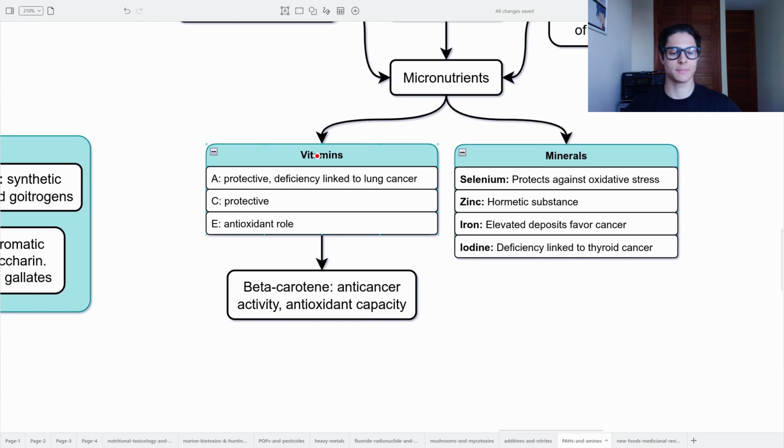Micronutrients, we have vitamins. Vitamin A is protective against cancer, and the deficiency is linked to lung cancer. Vitamin C is protective, and vitamin E has an antioxidant role, so again, protective. Beta-carotene, which is an analog of vitamin A, also has an anti-cancer activity and antioxidant capacity.